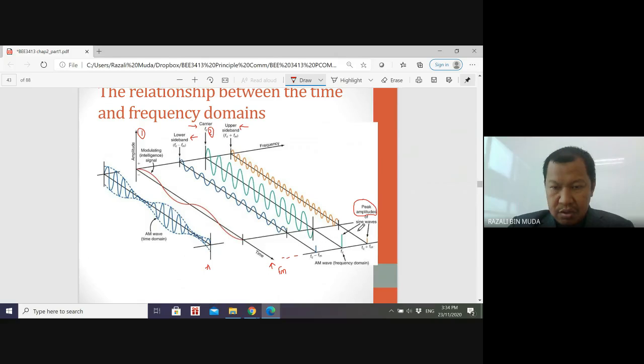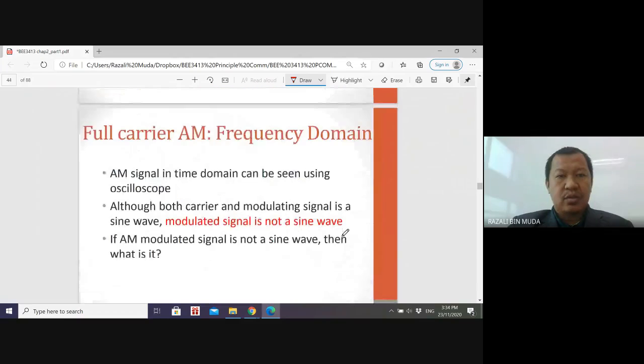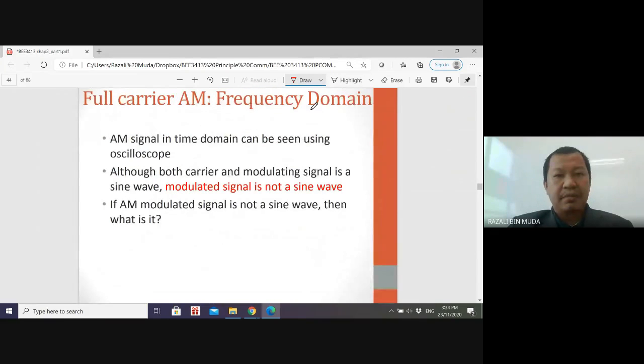So in frequency domain, you represent the signal in these three lines, each with its amplitude and frequency. Actually, you have another one far below, the amplitude and the frequency of the modulating signal. So this is full carrier AM in frequency domain.